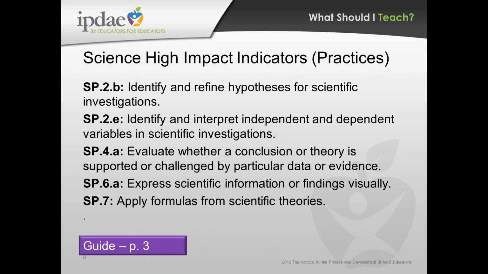And as you take a look at these different indicators, you see a number of different things here. I see one, Bonnie, that's included in here. It's the second one where it talks about independent and dependent variables. I believe, Bonnie, we talked about those types of things when we talk about mathematics and how one thing impacts another one, where we have something that's dependent on something else happening. But there's also more. It's about evaluating. Can I look at the data that's provided or the evidence, and can I draw a conclusion from that?